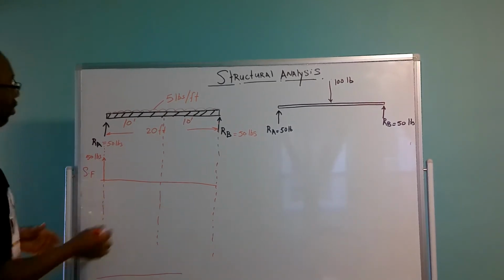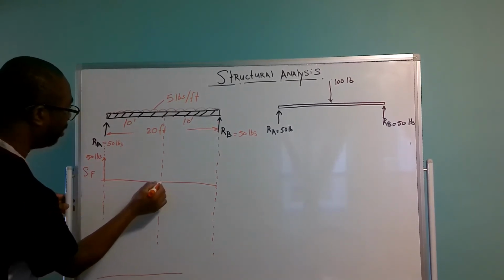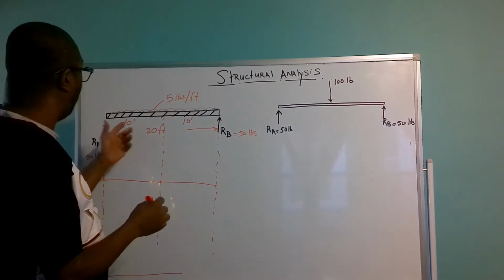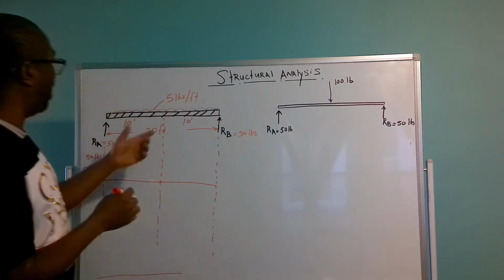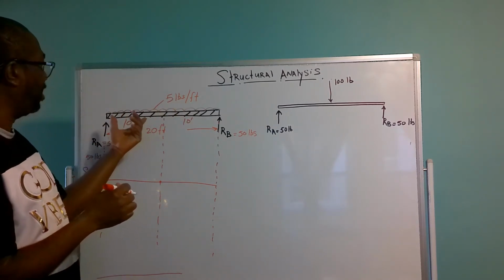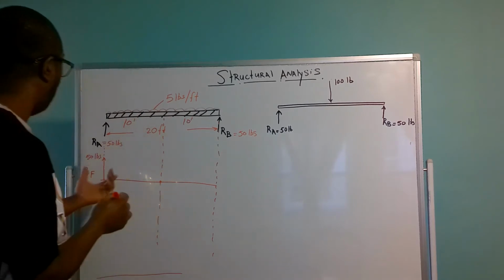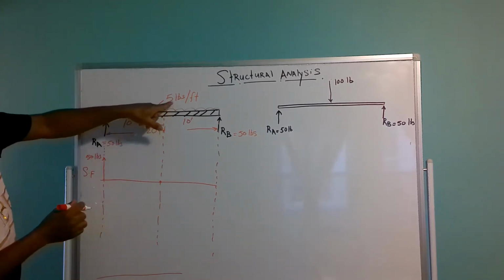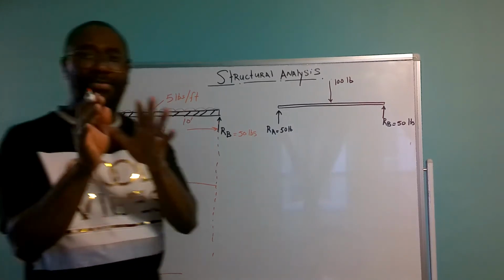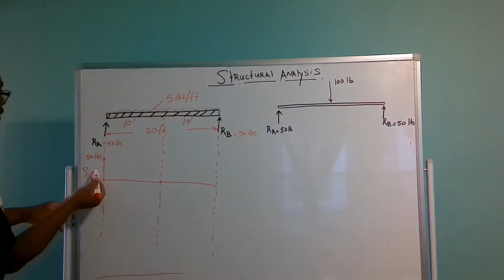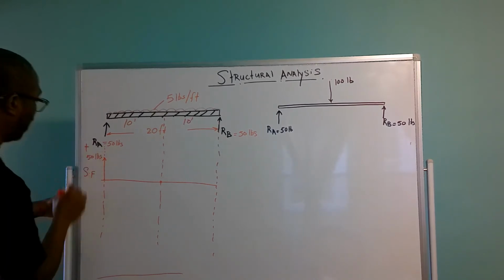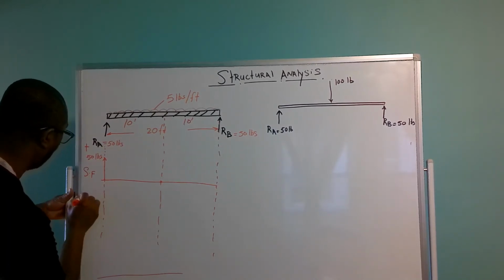And then we have at midspan here, because we have a UDL of 5 pounds per foot and a distance of 10 feet at midspan, to get the load here is going to be 5 pounds times 10 feet, which is 50 pounds. And since we go up 50 pounds here, at the top we're going to have our plus sign. I keep forgetting that. And at the bottom we're going to have our negative sign.